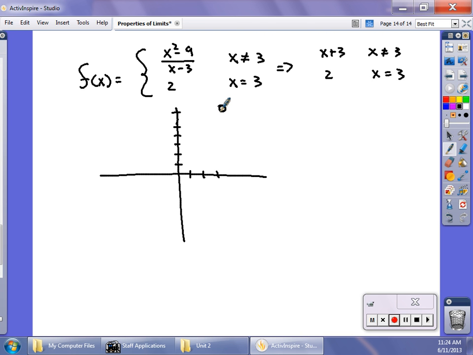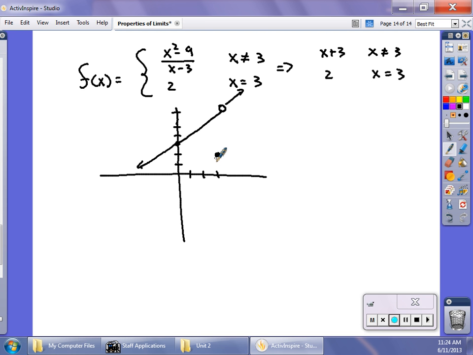It's discontinuous at (3, 6), because if I put 3 in here, I would get 6. It has a y-intercept at 3. It's this line, something like this. And then at 3, based on the second part of the piecewise, is down here at 2.